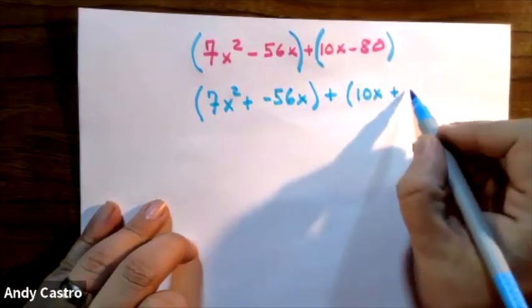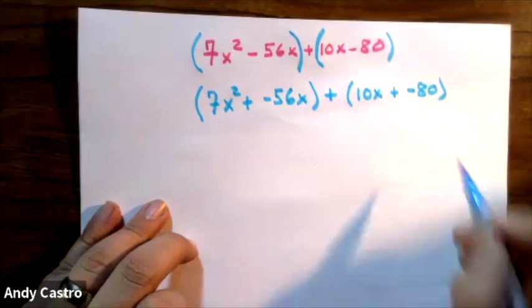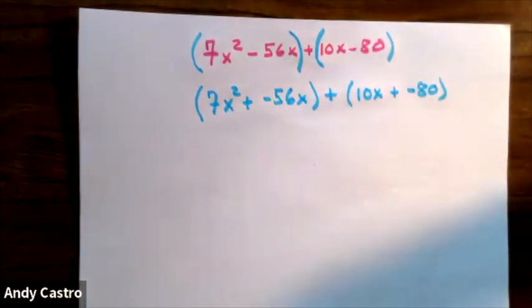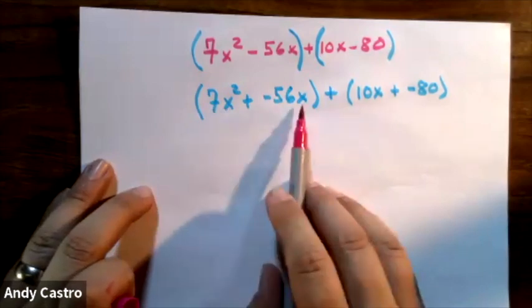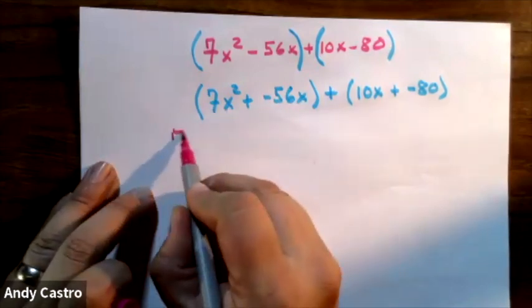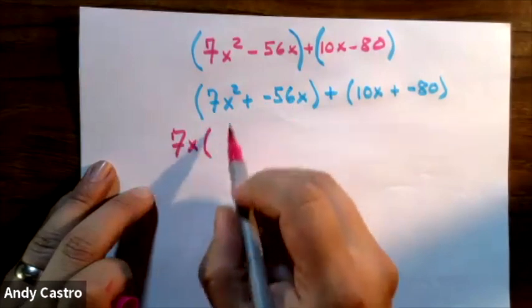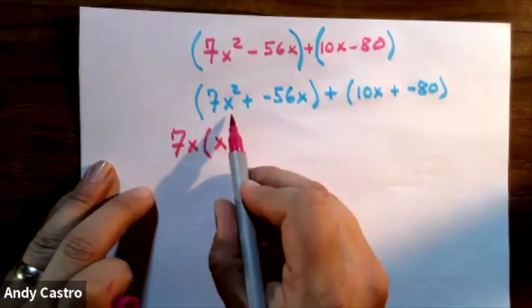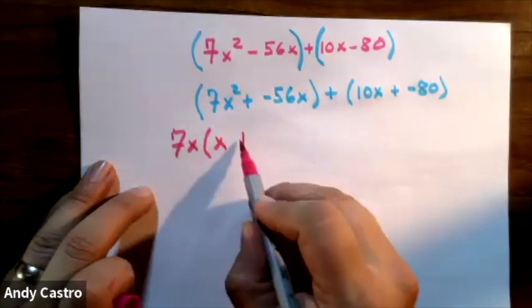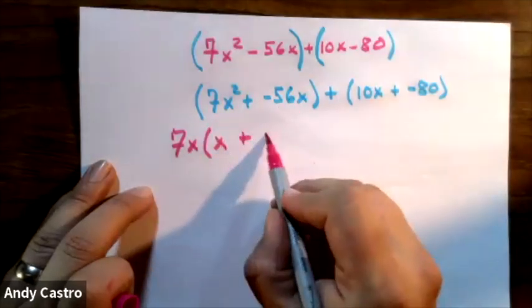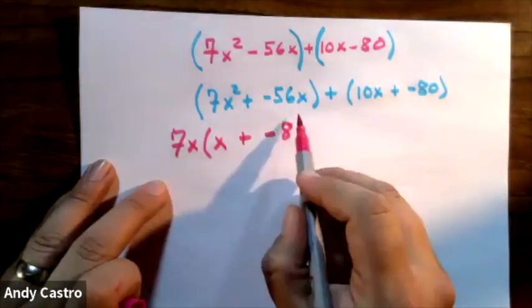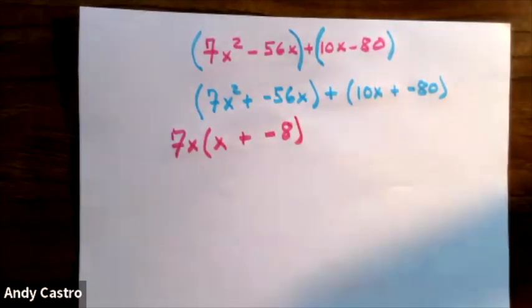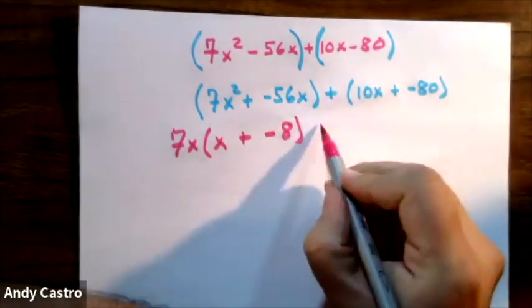So plus negative 80. All right. So now let's see if anything will come out. I can pull a 7x out of both of these. If I pull a 7x, this is left with x. And then plus, if I pull a 7 out of 56, that's a negative 8. And if I pull an x out of x, that leaves x plus negative 8.